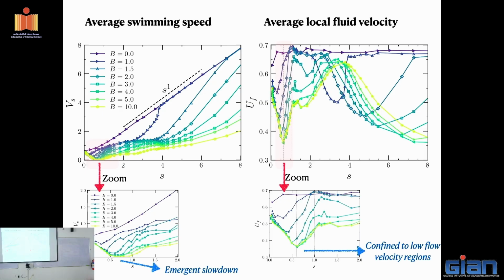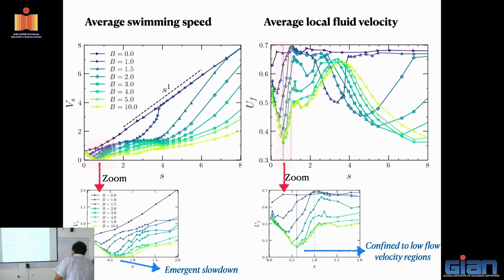To answer that, let's look at what kind of flow environment they're exploring, right? So what I can do is try to compute the average local flow velocity that they're sampling.